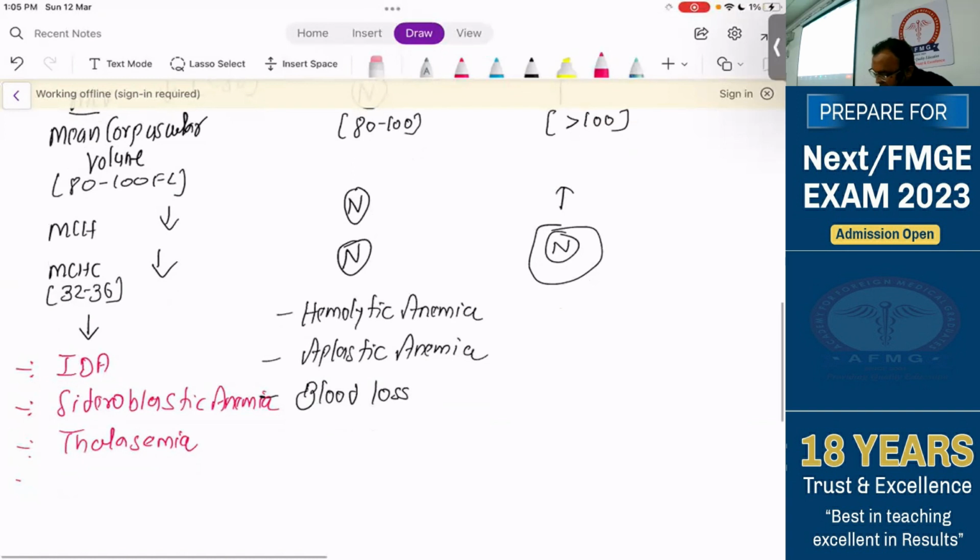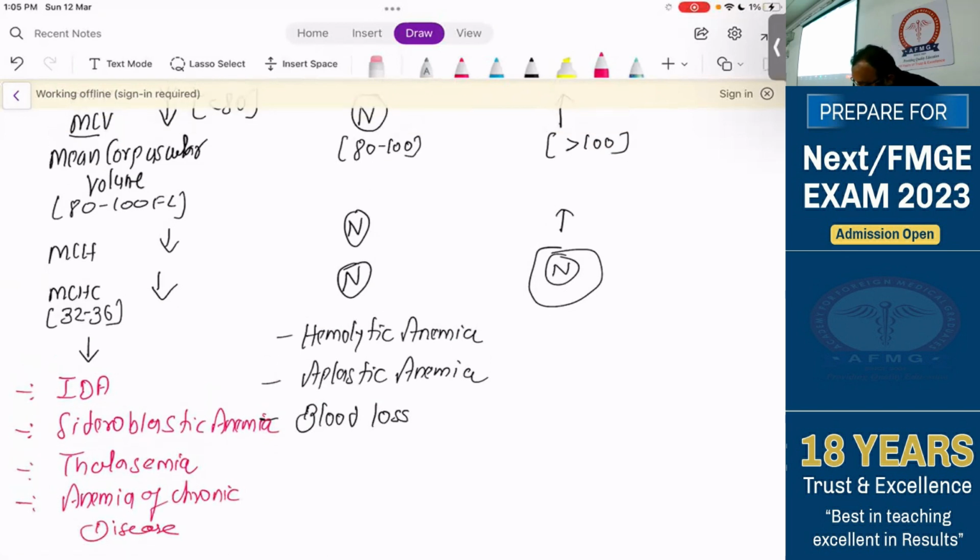Anything else? Anemia of chronic disease, very good. Okay, and what comes in the microcytic category? Megaloblastic anemia, very good.